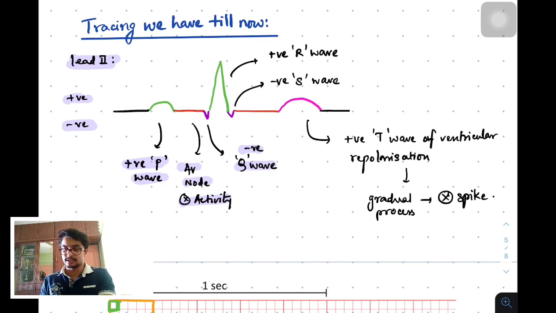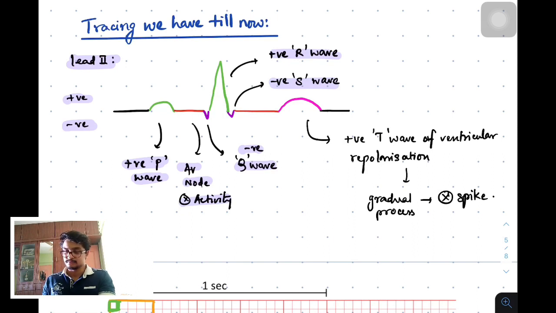Then a positive R wave representing massive ventricular myocardial depolarization. Then a negative S wave representing ventricular basal depolarization, and then there is an isoelectric line showing all of the ventricle is depolarized at the same time.